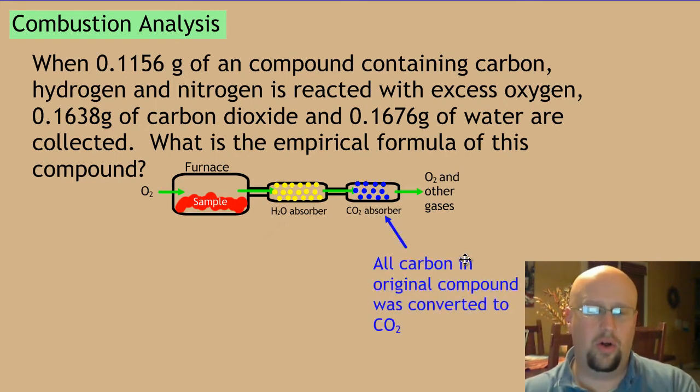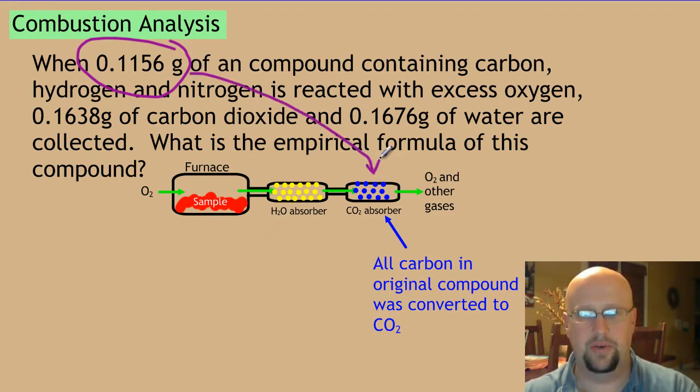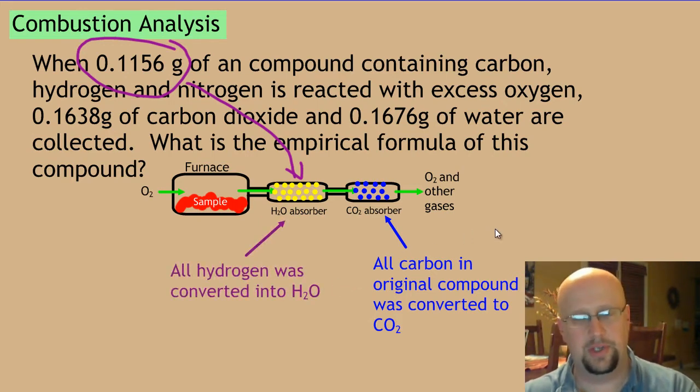All of the carbon that was in this original compound, in this original amount of 0.1156, all of that got turned into CO2, okay? And then all of the hydrogen in this same compound got converted into water. And so these two assumptions are going to lead us to our calculations, okay?